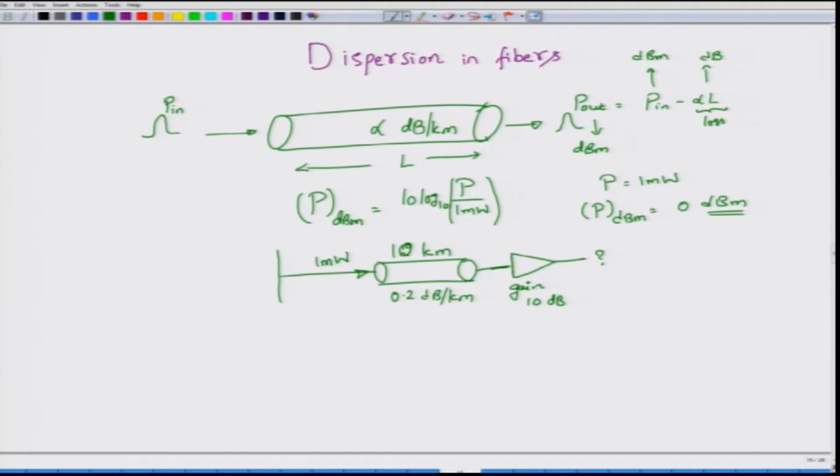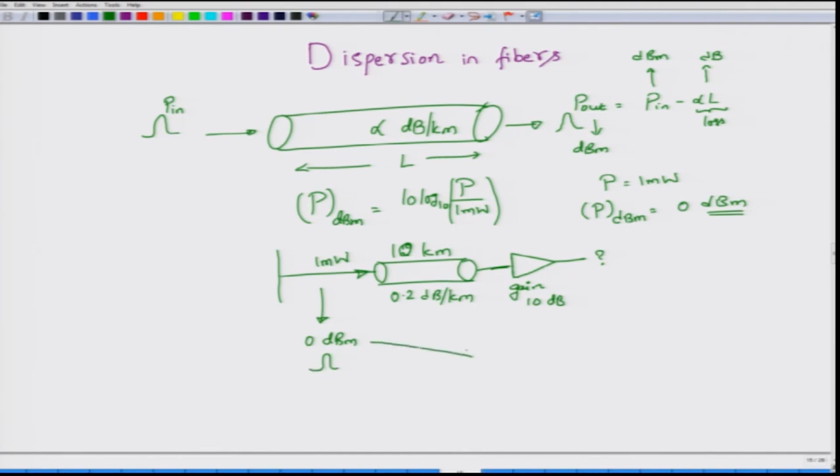But using the decibel scale throughout, and making the first conversion from milliwatt to dBm, which gives us 0 dBm, the rest can be found very easily, because a 0 dBm optical pulse is launched into the fiber.